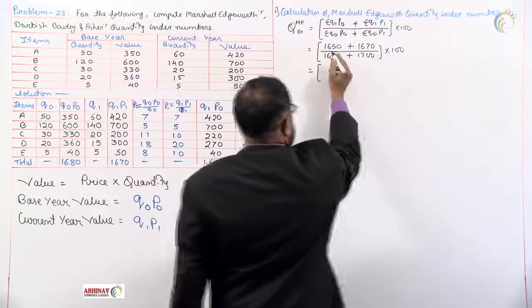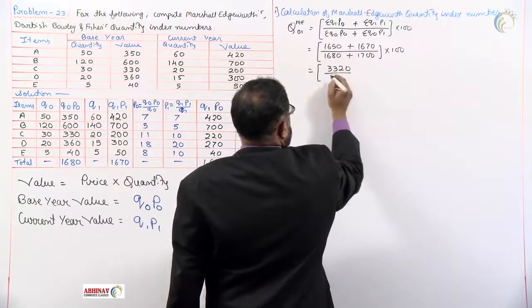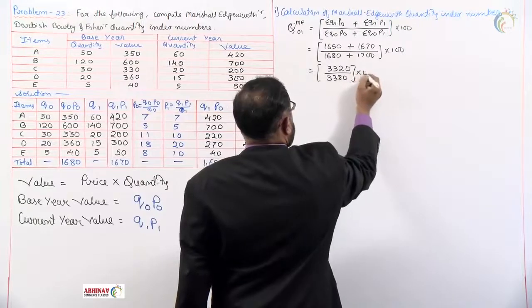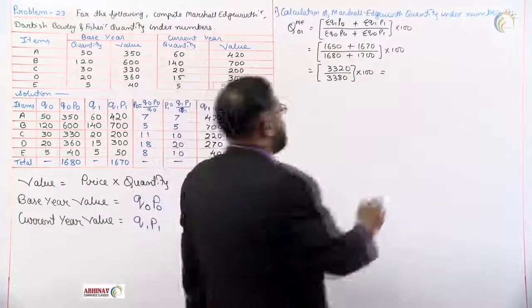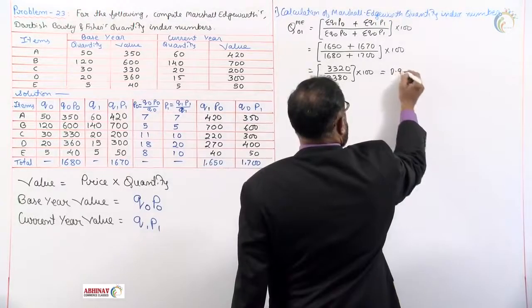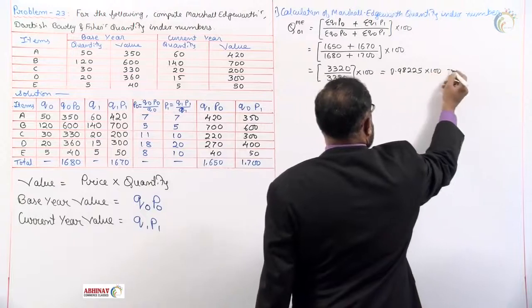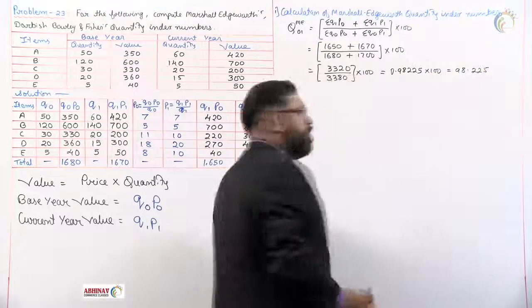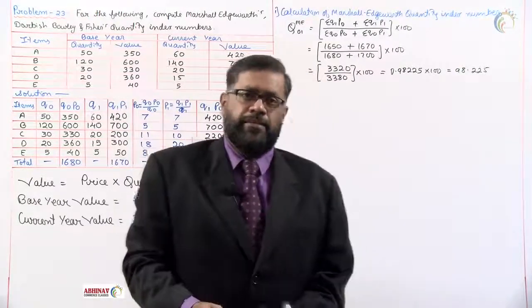Now, let us add it first. The addition of this comes to 3320. This divided by 3380 into 100. You need to solve the division one below the other. 0.98225 into 100. The final answer, 98.225, is the Marshall Edgeworth quantity index number.